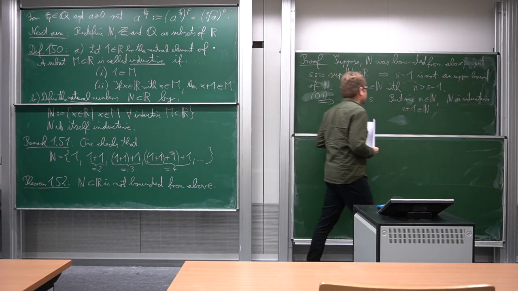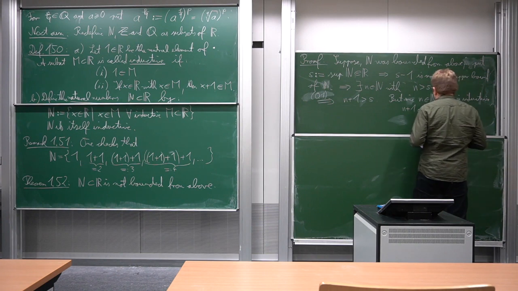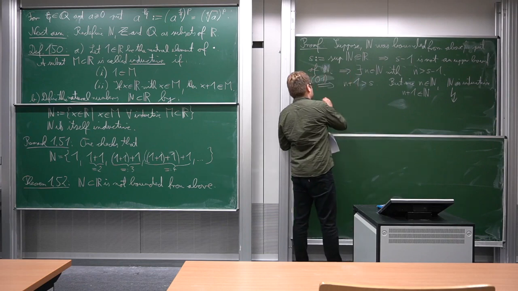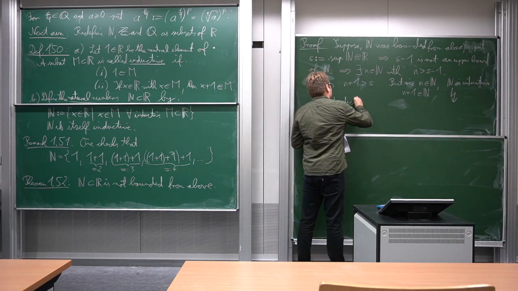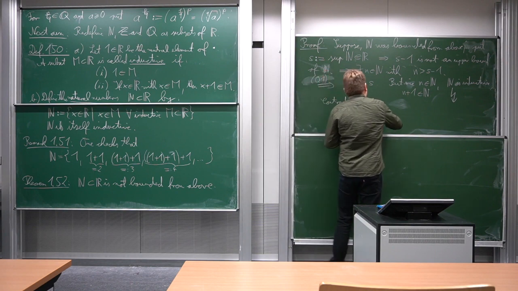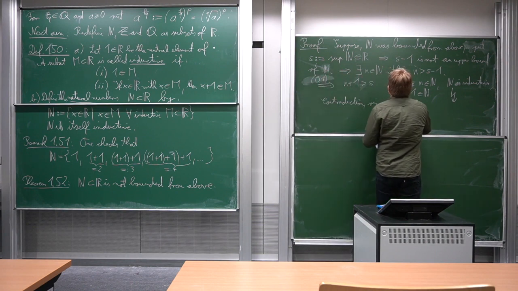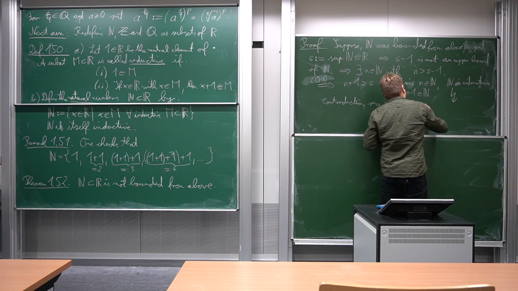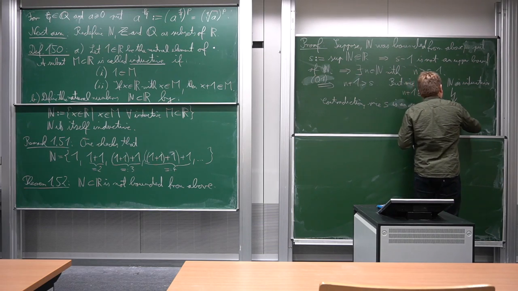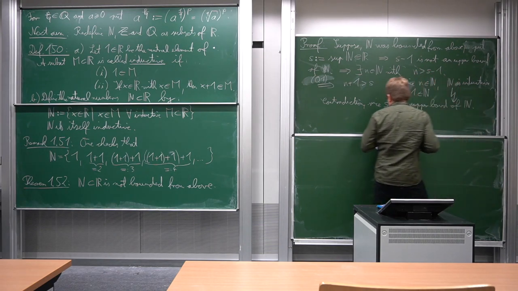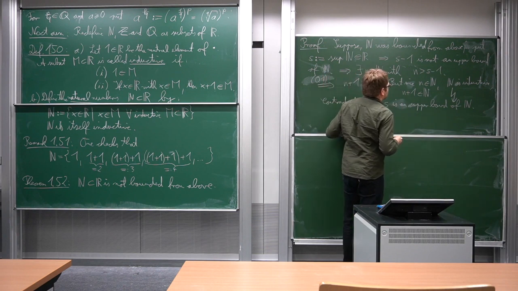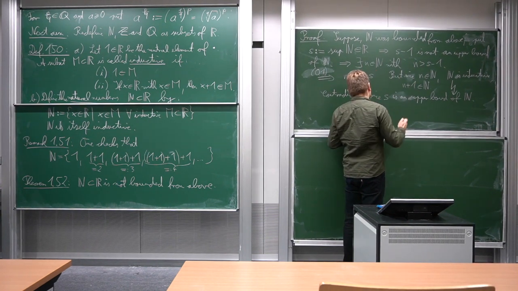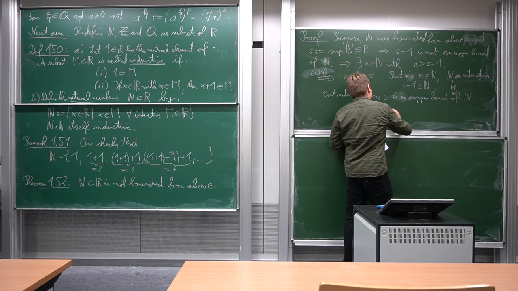So this already is a contradiction, since we have shown that this holds, but we have assumed that s was an upper bound of N. So this implies we cannot have such an upper bound. If we had an upper bound, we would have a smallest upper bound, and we just have shown that this leads to a contradiction. So this means N is not bounded from above.